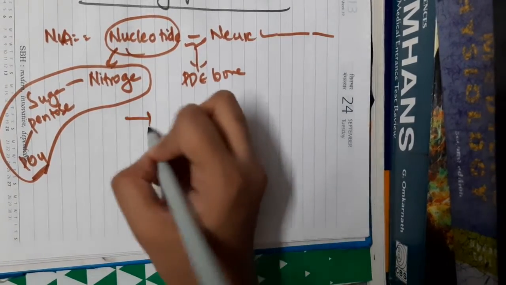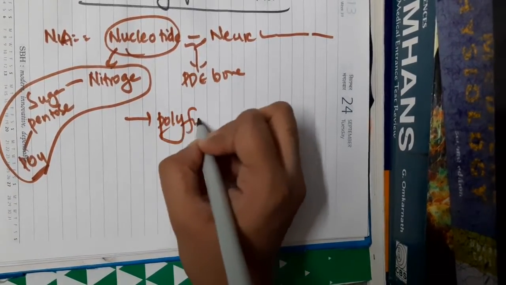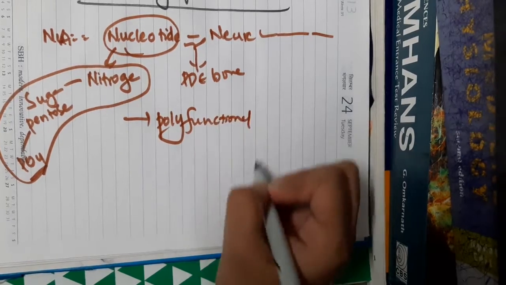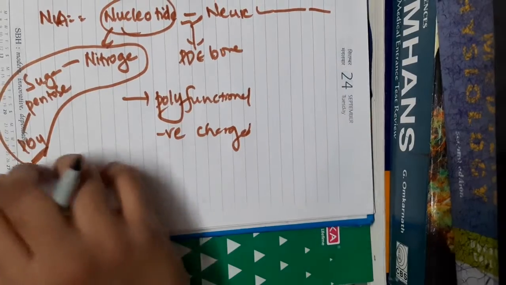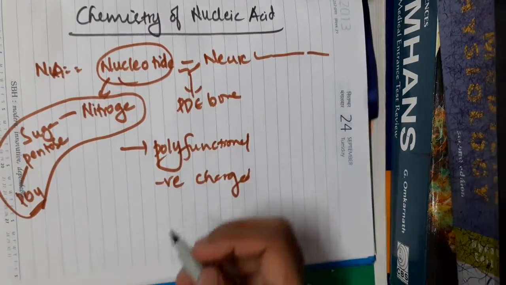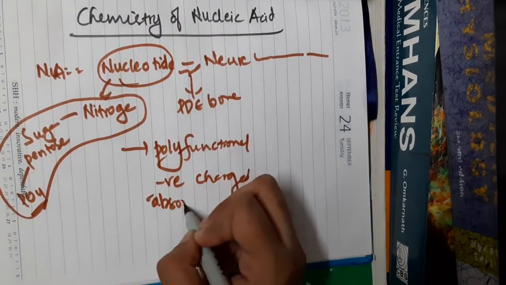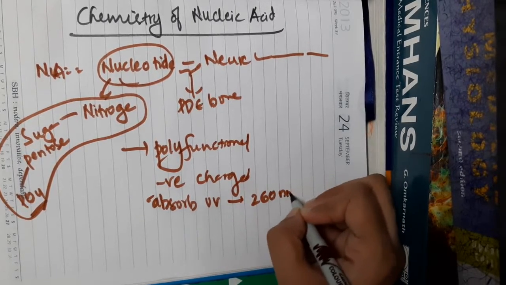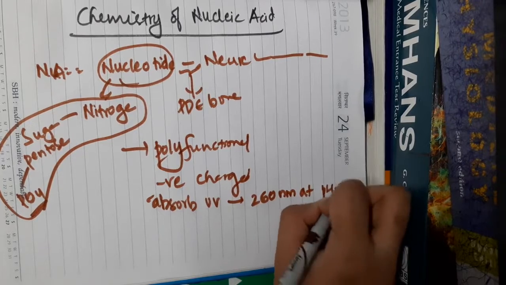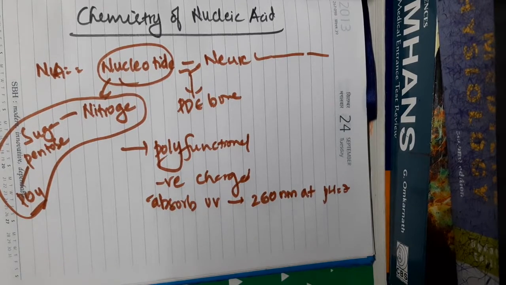The main properties of nucleotides are that these are polyfunctional acids. They are actually negatively charged. These nucleic acids will absorb UV light of wavelength 260 nanometers at pH of 7.